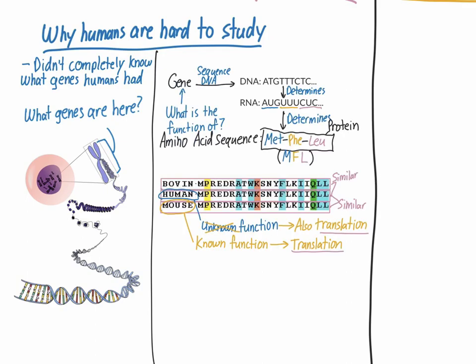As you saw previously, if we know the DNA sequence of a gene, we can use the genetic code to determine the amino acid sequence of the protein that that gene encodes. But if you haven't sequenced the genome, then you don't know the DNA sequences of genes, and you won't know the protein sequence either. This means that you can't compare that protein sequence to that of other proteins to try and figure out its function.